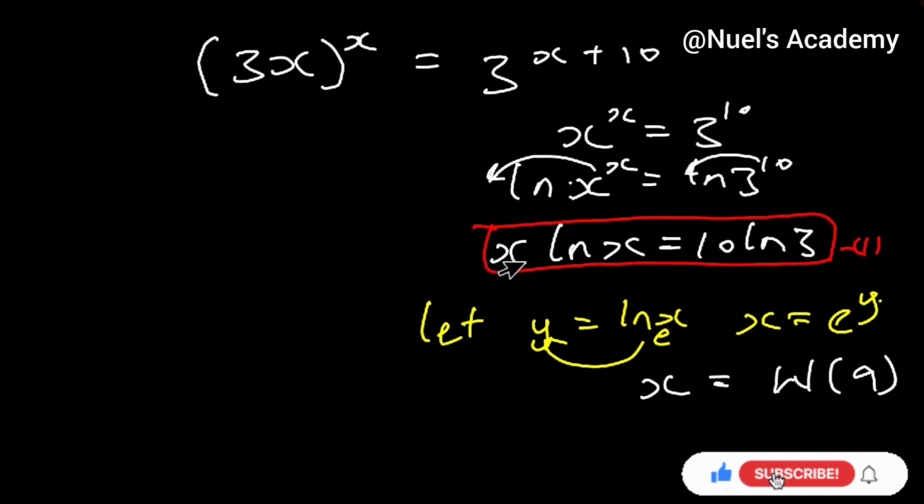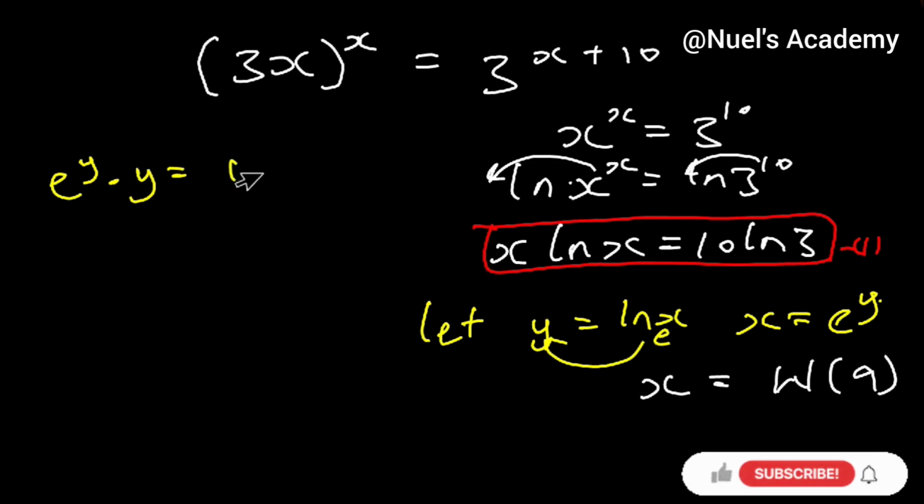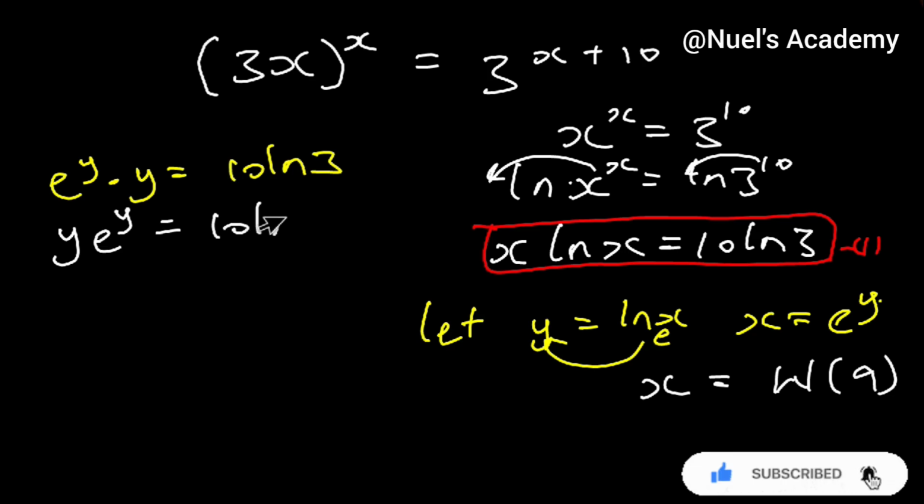Now, when we replace x, we are going to have e raised to the power y, and when we replace ln x, we are going to have y, now equal to 10 ln 3. So let's rewrite this equation as y e^y equals 10 ln 3.